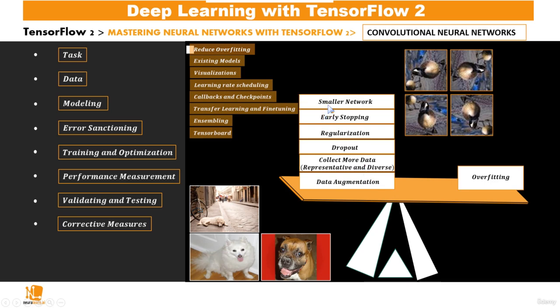Then the next method is by working with smaller networks. Very deep neural networks tend to cause overfitting since we're working with so many parameters. So if you have a problem where you have too many parameters and the data set is very small, you may tend to overfit on that training data set.